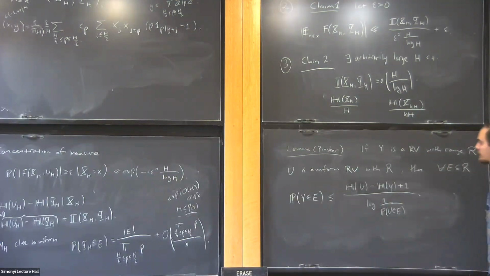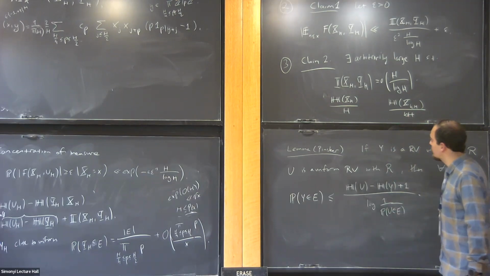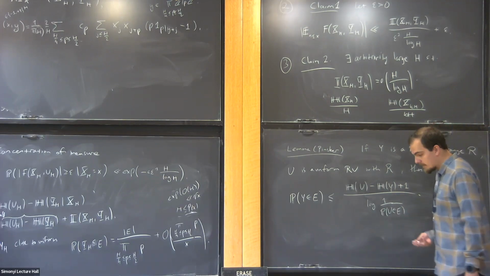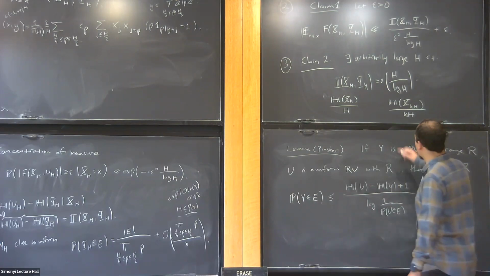So by applying the sub-additivity of entropy several times, you can relate these two quantities. You get an inequality between them.